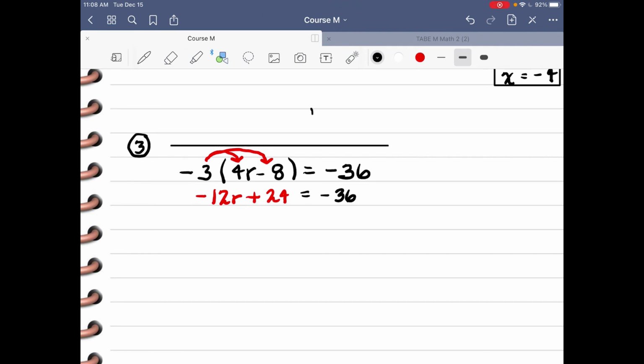Then I'll draw my power T and place variable and constant. So first I'm going to move that 24.